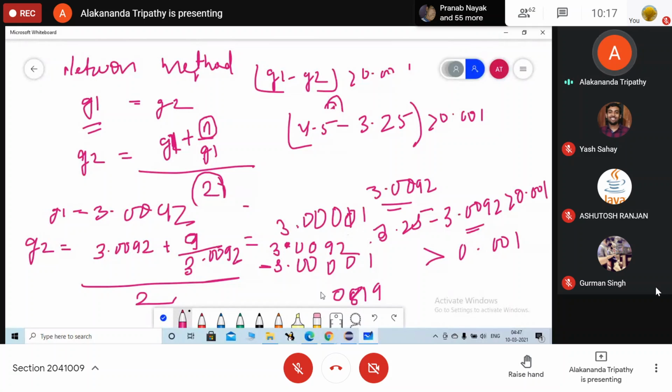This is 8. Now look at this value: is it greater or smaller than 0.001? It is greater. This is 8, yes, greater. So you need to go one more step. How much will it be here?